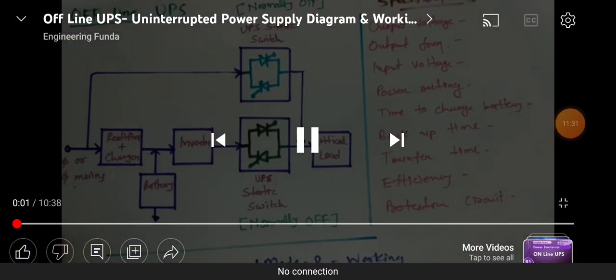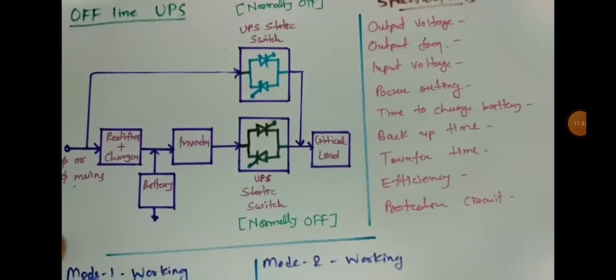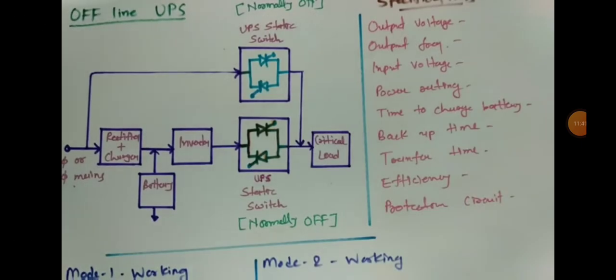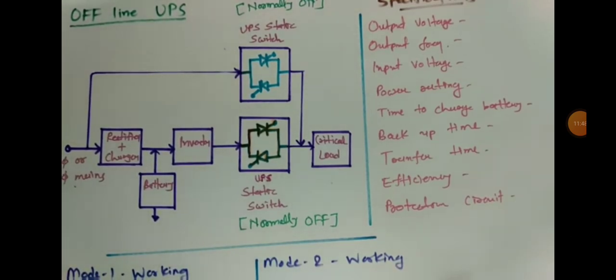Welcome to Power Electronics lecture series. Here in this session I'll be going to explain offline UPS. So in the last session I explained online UPS. Now in this session I'll be explaining offline UPS.